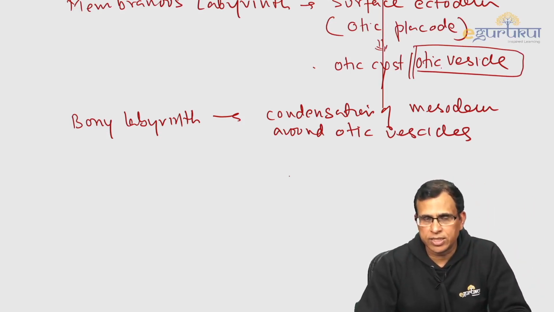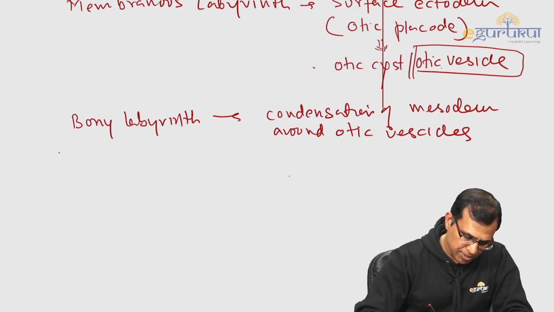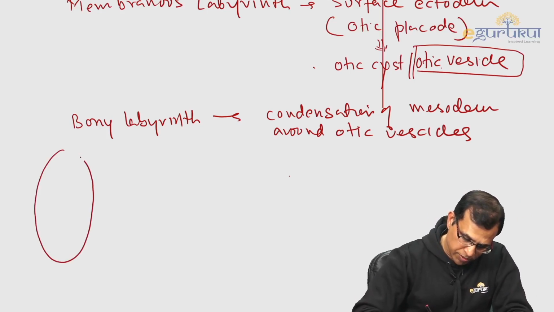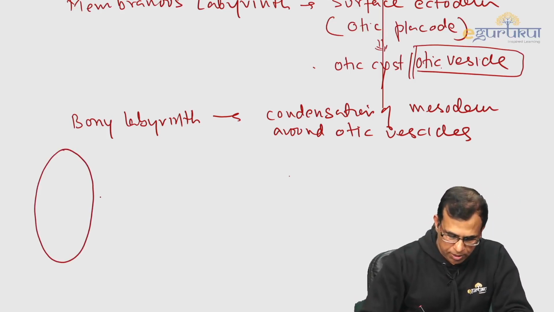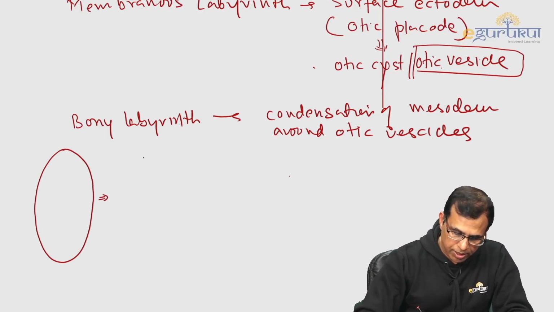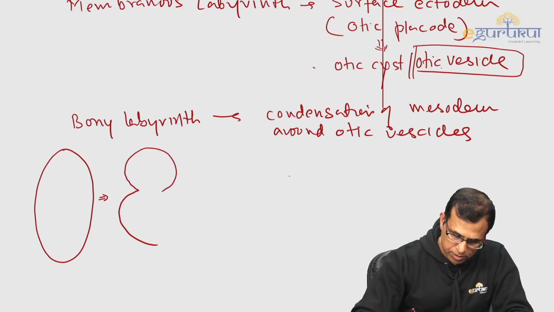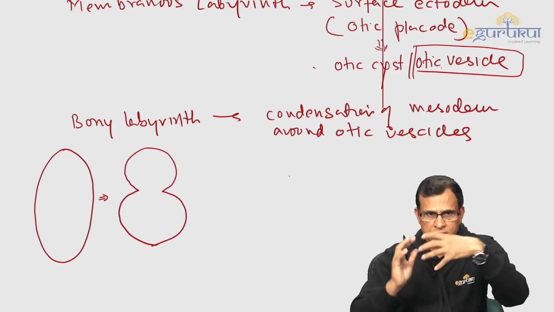But we are interested in this otic vesicle which, as I told you, breaks away from the surface ectoderm. Let us say this is a vesicle like a balloon, and gradually it forms 2 parts.